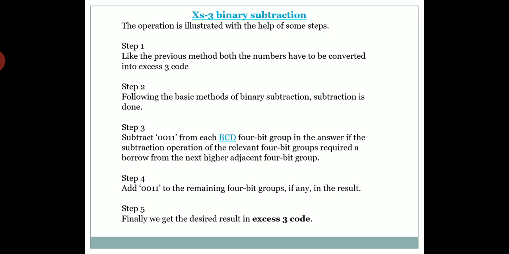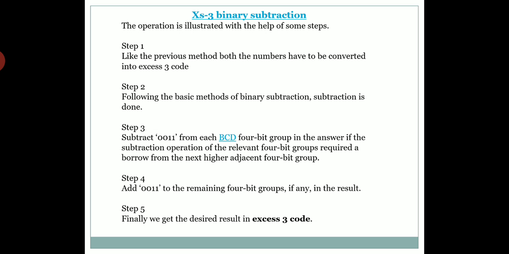And next one, XS3 code subtraction. You can follow the 5 steps for binary subtraction. First of all, we convert the given binary numbers into 4-bit groups, split into 4 bits. Next, we add 0011 to the given binary numbers.